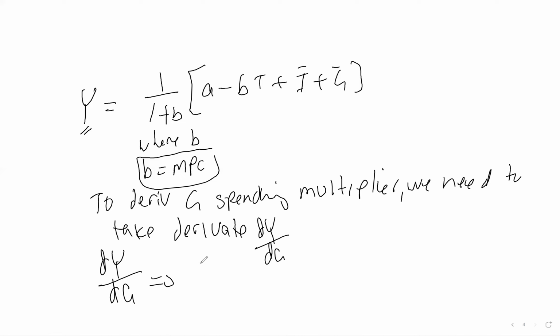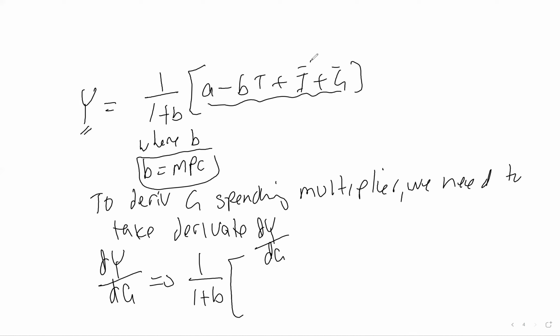So we have 1 over 1 minus B. Again, remember B is the marginal propensity to consume, which I write in short and represent by B. When we take the derivative of this whole thing with respect to G, there is no G here, no G here, and no G here.